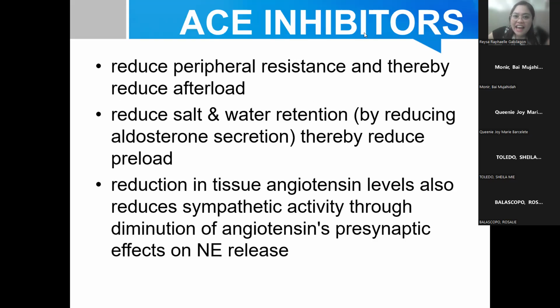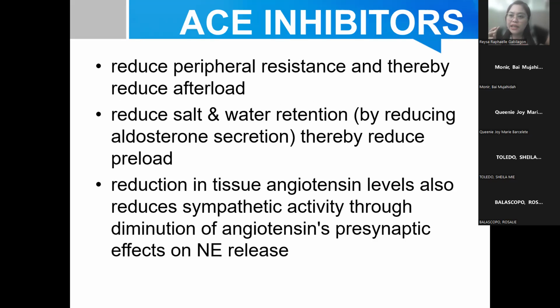Next, we have the ACE inhibitors. ACE means angiotensin converting enzyme. So please again review the RAAS system, the renin-angiotensin aldosterone system. That is the pathway where we can see the activity of the ACE inhibitors.